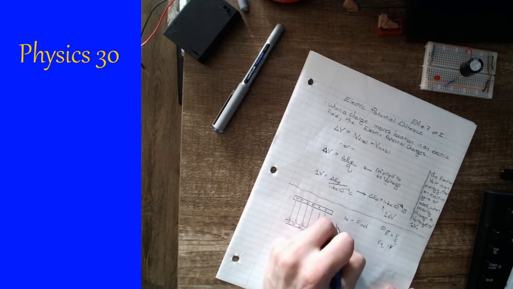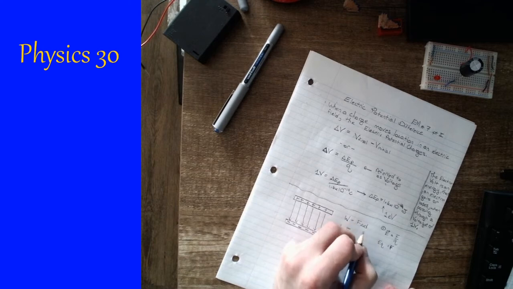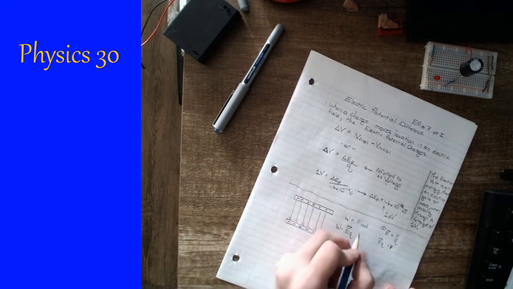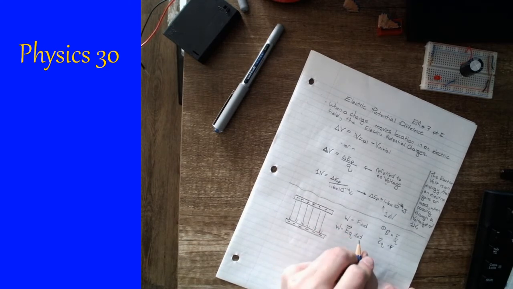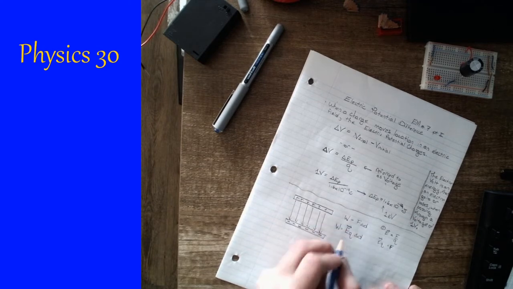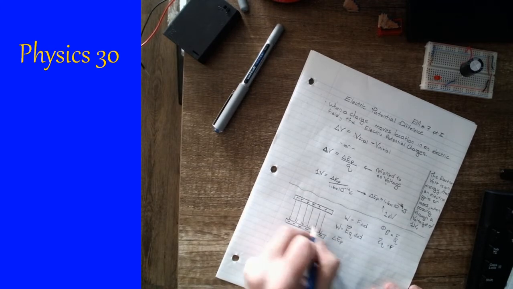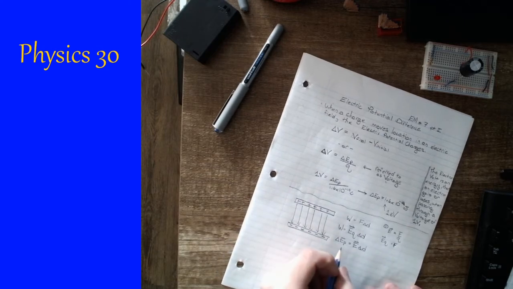We'll say that the work done is equal to the electric field multiplied by the charge, remembering to put our arrow overhead, multiplied by delta D. Now, we can also say that the work is equal to the change in energy because it's a uniform electric field, and that's our next step in this derivation.